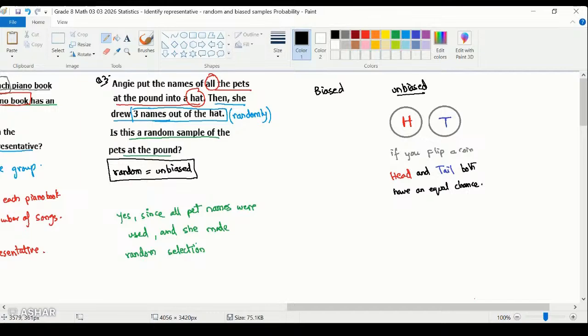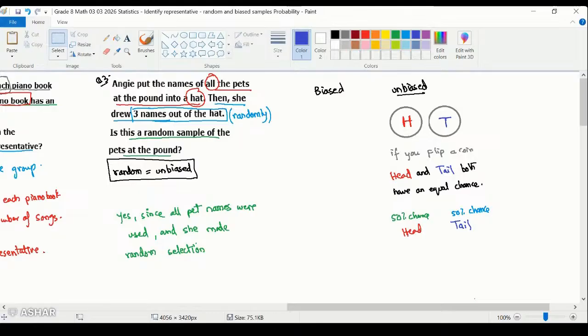A 50% chance is you get a head, agreed? Or a 50% chance is you get a tail. That means your outcome, a head or a tail, is not affected by you. You cannot change it if you pick up a random coin and throw it in the air.